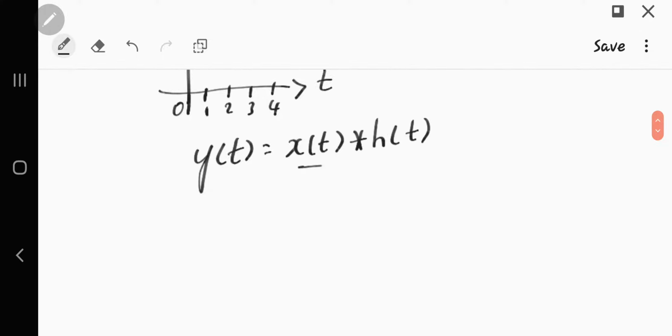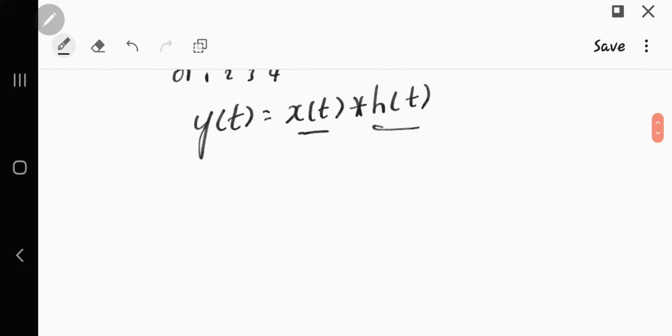Now from the definition of convolution, looking at the signals, I will go with y of t is equal to x of t convolved with h of t. That means I am keeping x of t as a constant or static signal and h of t as a shifting signal.